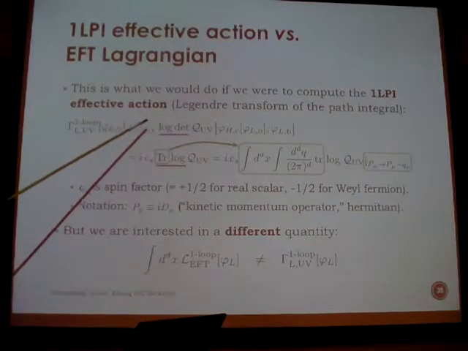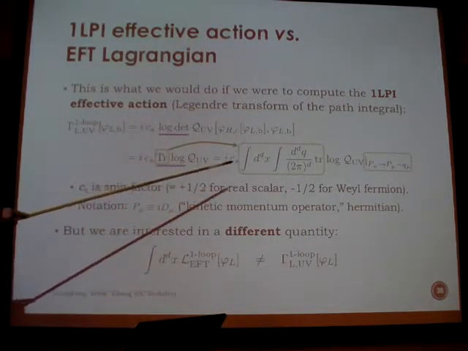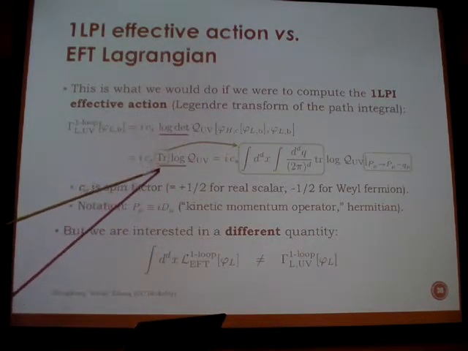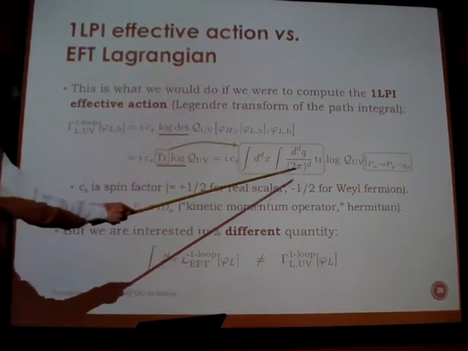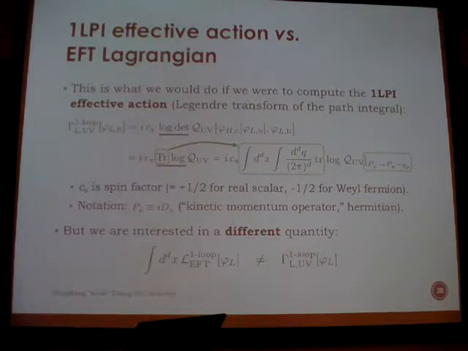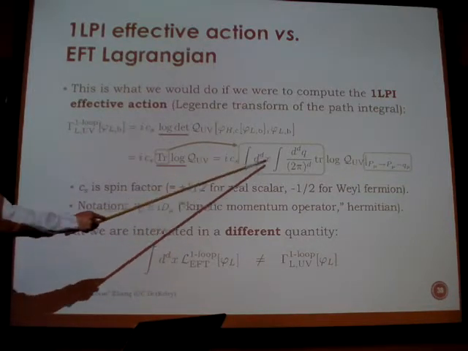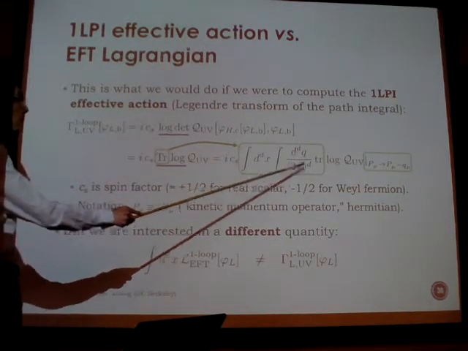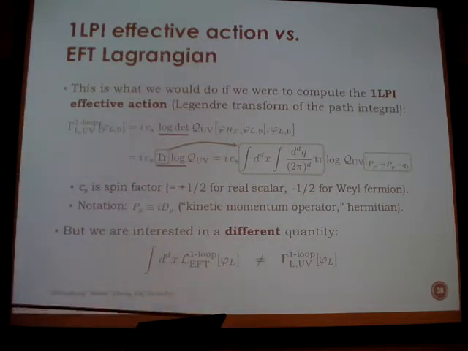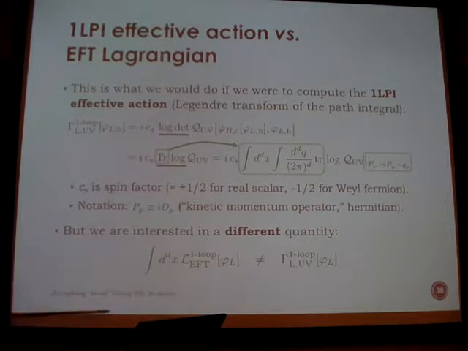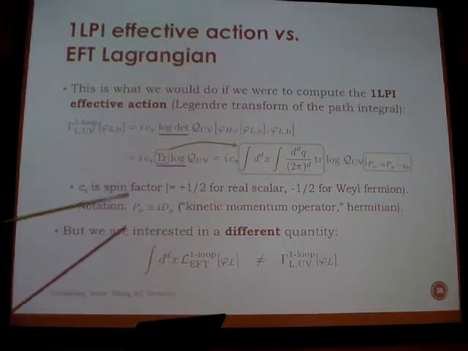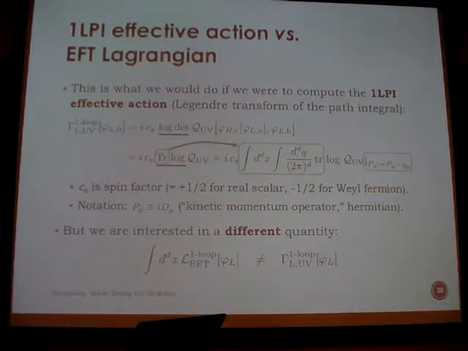And just to show you a few more steps that are standard, log determinant becomes trace log, and the space-time part of the trace can be evaluated in a general way. The result is an integral over space-time, an integral over loop momentum, and also a shift in the integrand by this so-called kinetic momentum operator that's related to the covariant derivative. So all this is familiar from the calculation of 1PI effective actions.